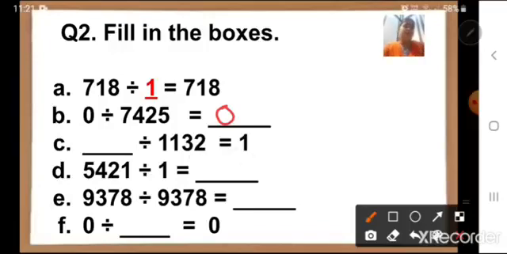Now which number will give you children this answer? If we divide it with the same number, correct? So it is your second property. A number when divided by itself gives the quotient as 1. So our answer is 1132.